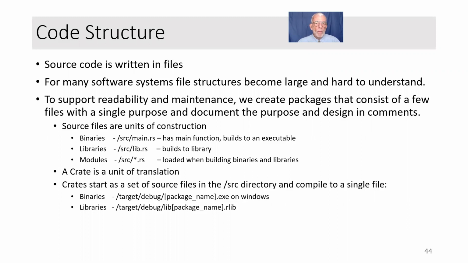Okay, so code structure. We write code in files, of course, and the issue is that in lots of projects, the files that we use get pretty big. We have lots and lots of files.